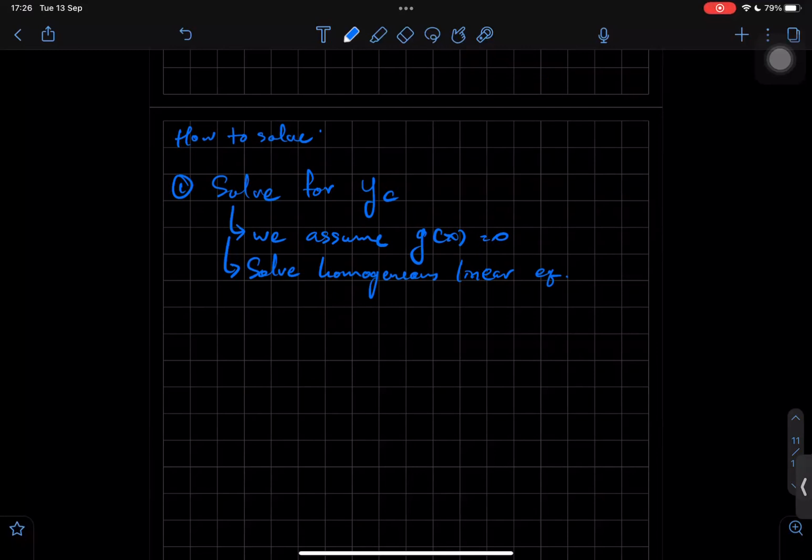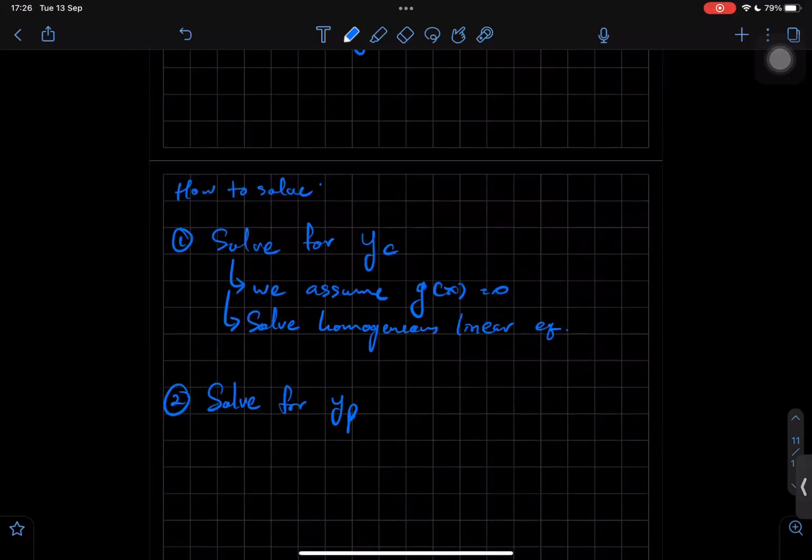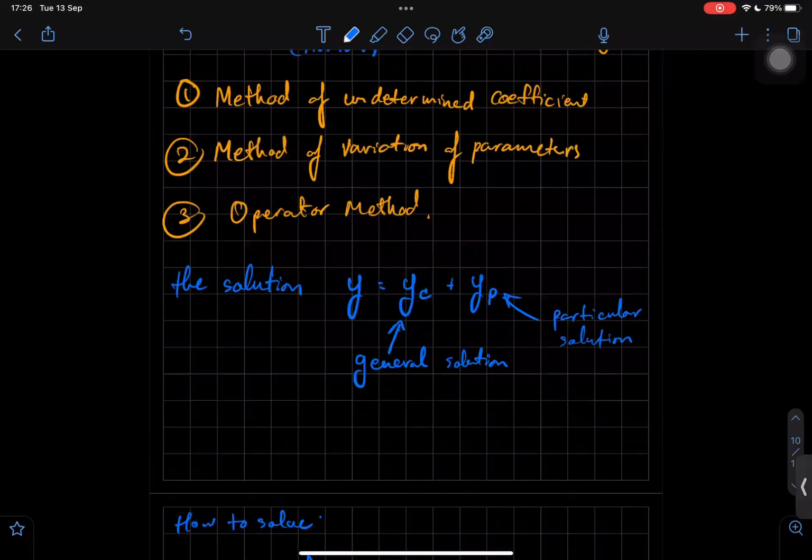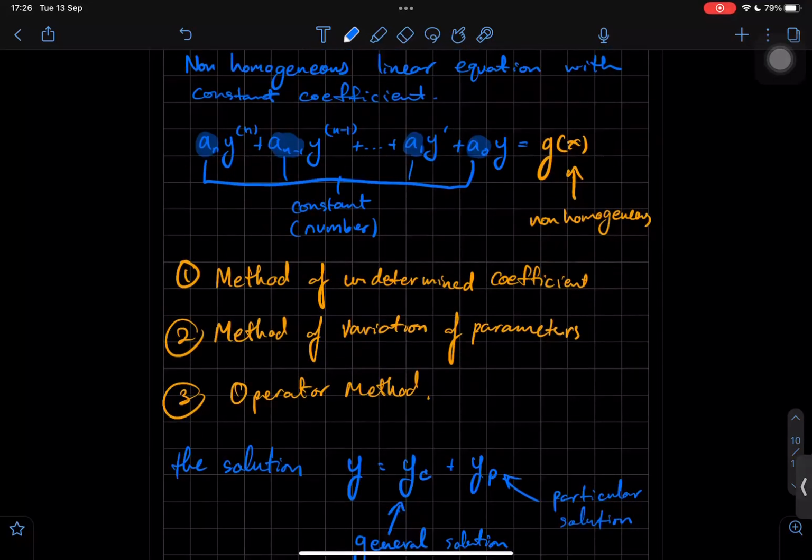For the second one, solve for yp. For yp, we have three ways: the method of undetermined coefficients, the method of variation of parameters, and also the operator method.